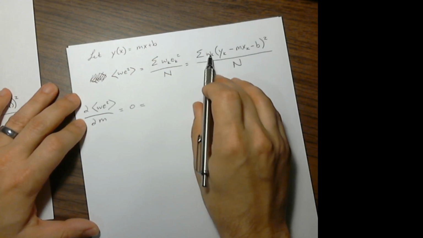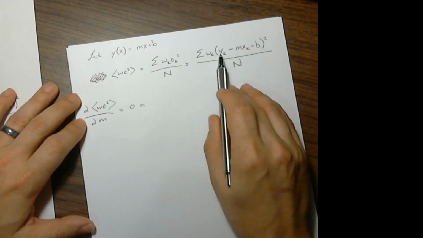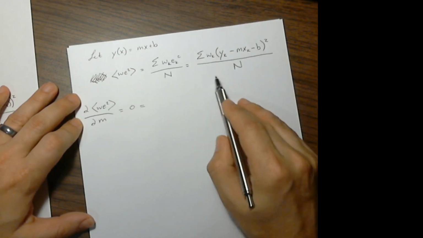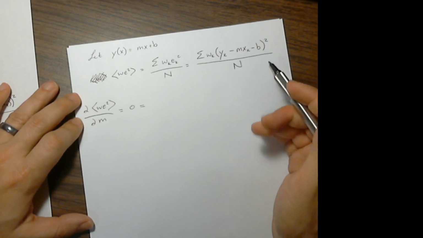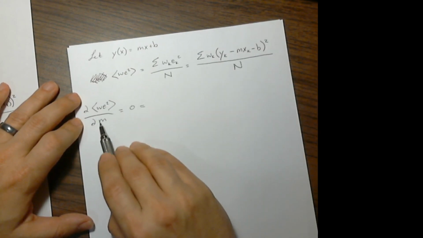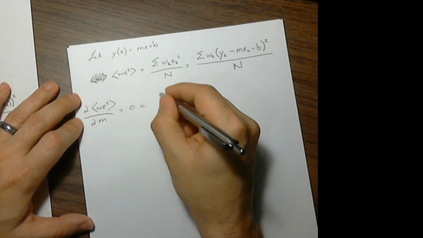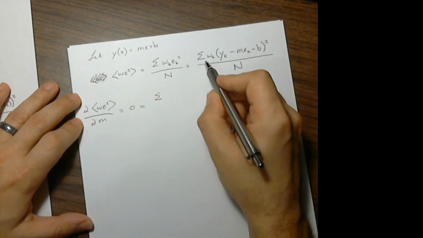So keep in mind that since this is just a data point, it has no partial derivative. When we're taking a partial derivative with respect to m, none of these have a partial derivative except for m. It's the only thing that appears like a variable. That makes this actually pretty easy. So my 2 comes down.